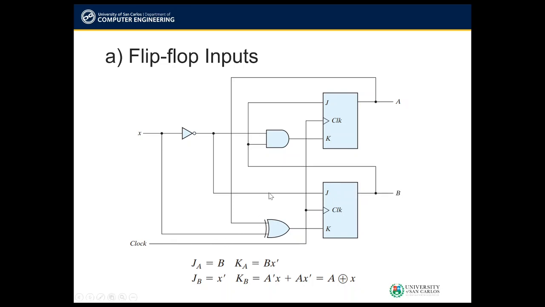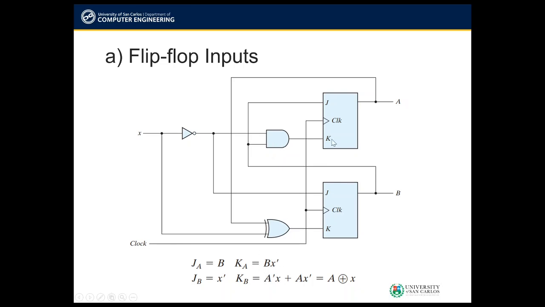Here, we can see that JA, the J input, comes from these connections. We have B here. B is directly connected to J. So that's why we have JA = B. The K input for the A flip-flop, or let's call that KA, is coming from this one: X' and B, or BX'.